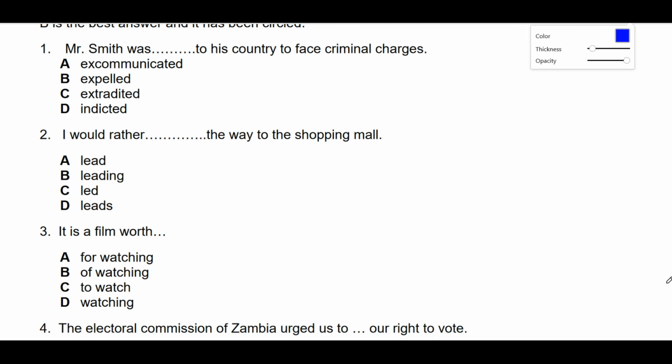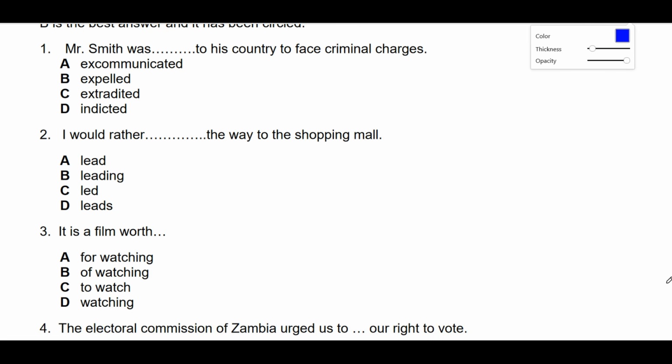Then we have extradited, which simply means sending someone back to the country where they are accused of a crime. For example, you live in Zambia, then you commit a crime and go somewhere else. After you are caught where you are and asked to come back to Zambia to face the charges, that is extradited.